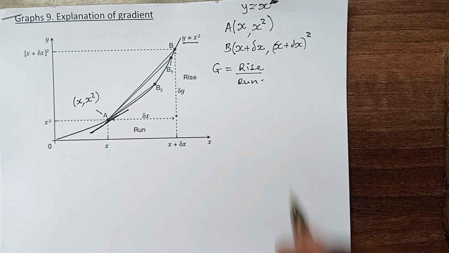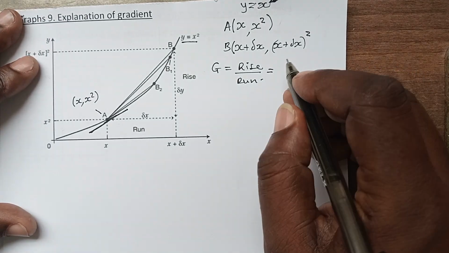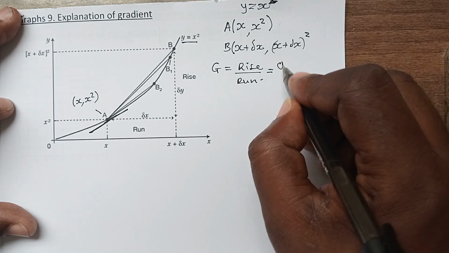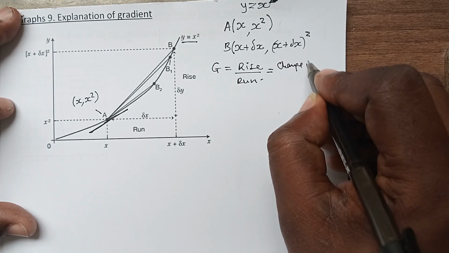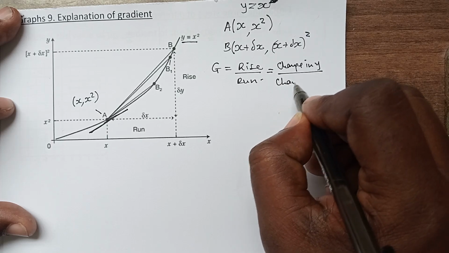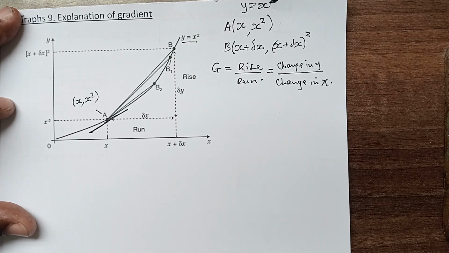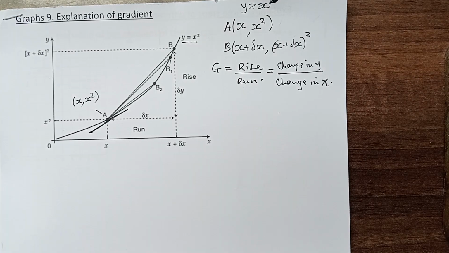And sometimes we call it the change in y all over the change in x. You can also say so. Now, what is the change in y and what is the change in x? What is the rise and what is the run?